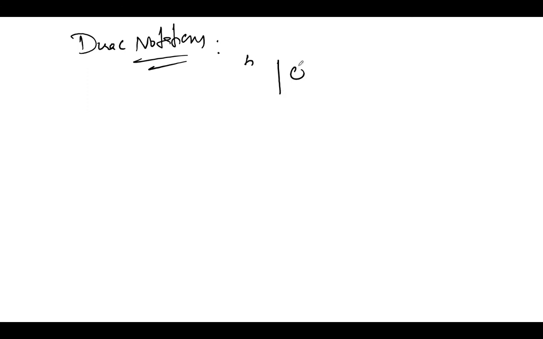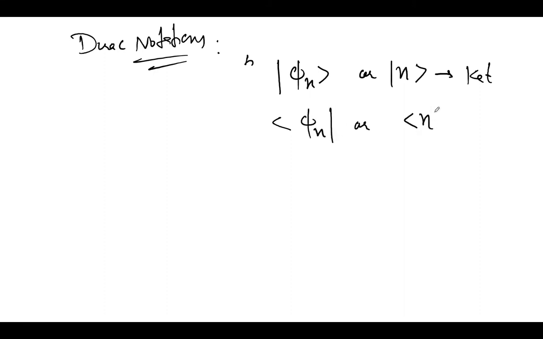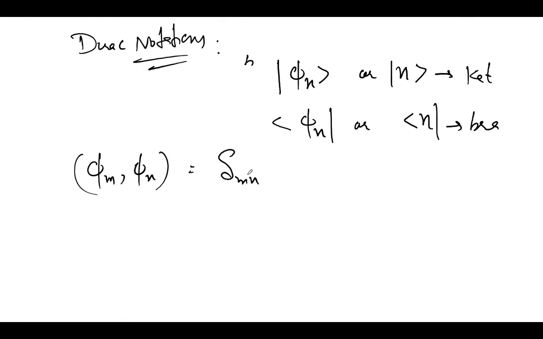We write phi n as the ket, and phi m as the bra, and we write phi m phi n as delta of mn, or we can also directly write it in terms of mn.